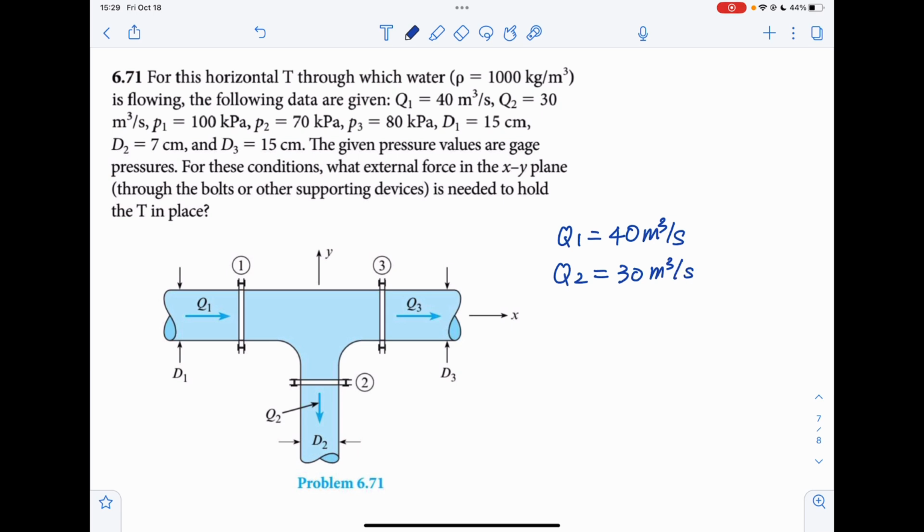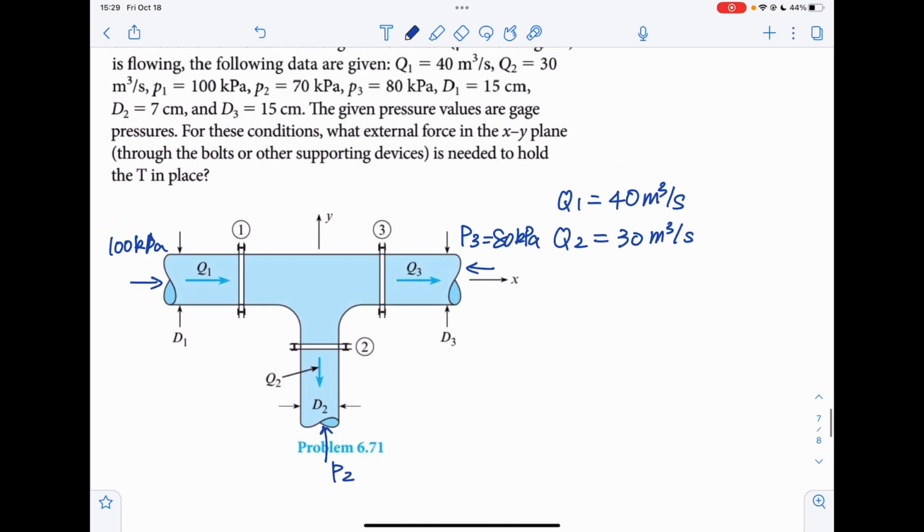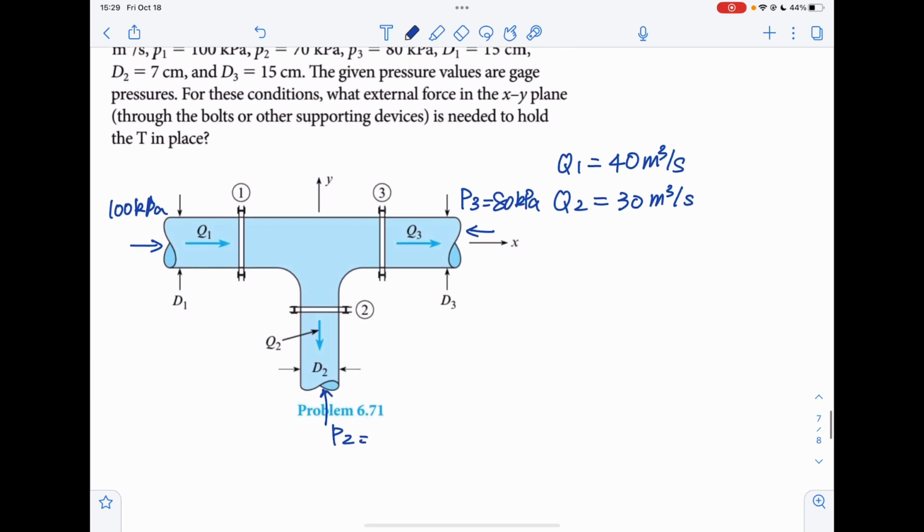And we have P1, which is 100 kilopascal, P3, 80 kilopascal, and P2, which is 70 kilopascal.